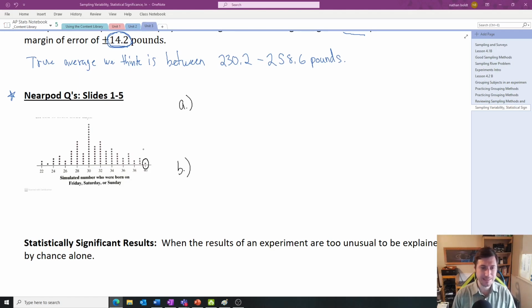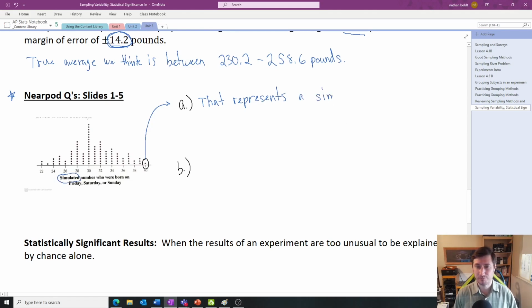So what does this mean right here? That dot right at 40. So that represents, in this case, it was a simulated sample. It wasn't an actual sample.